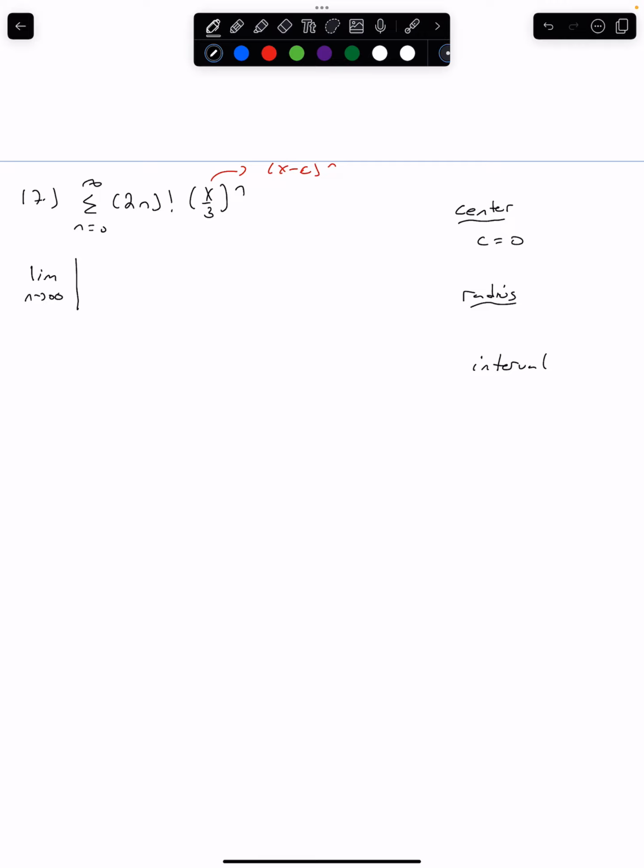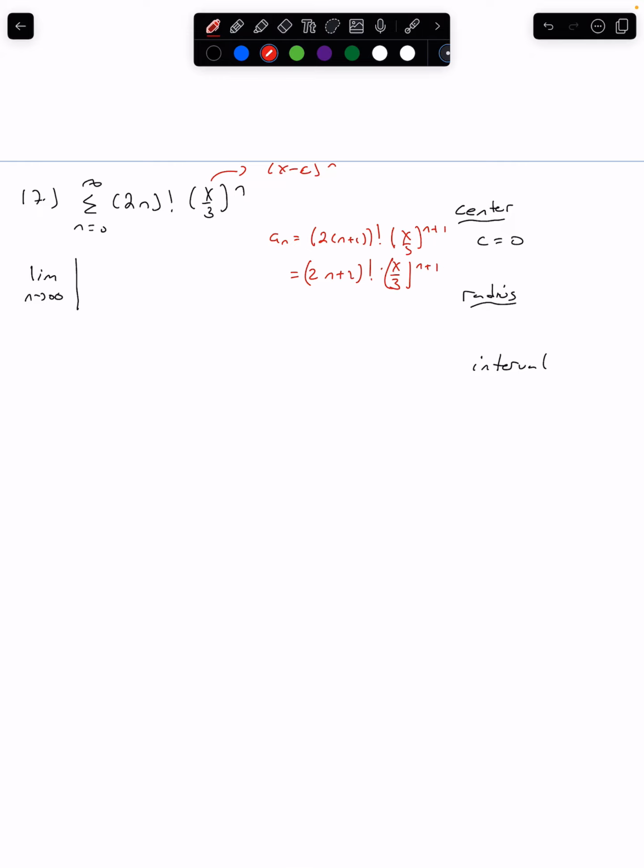And again, be careful. Let's go ahead and take a minute to get our next term here. To get the next term, it's going to be 2 times n plus 1 factorial times x over 3 to the n plus 1, and that's going to become 2n plus 2 factorial times x over 3 to the n plus 1.